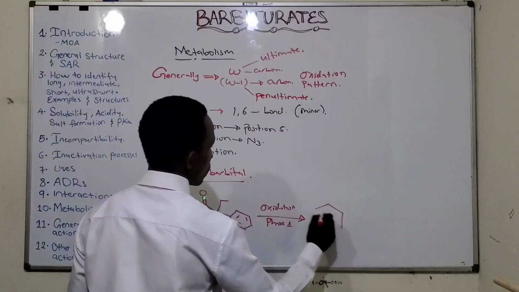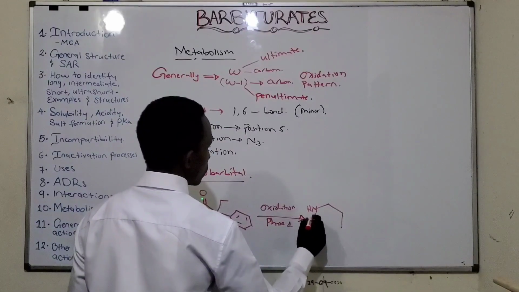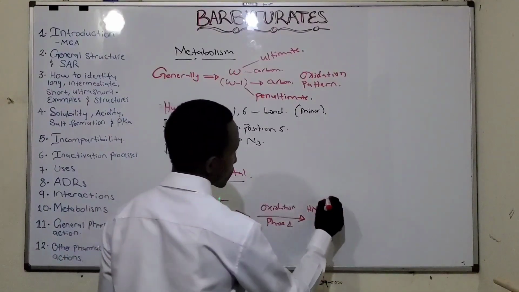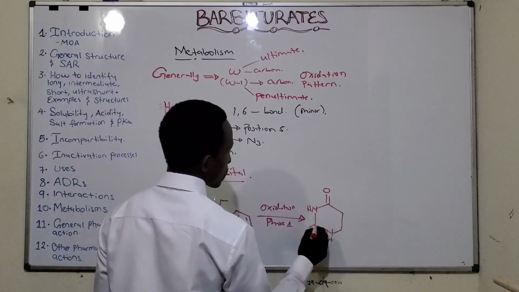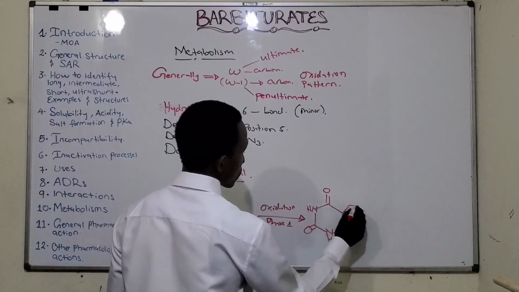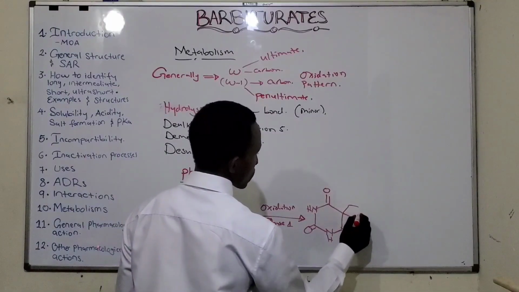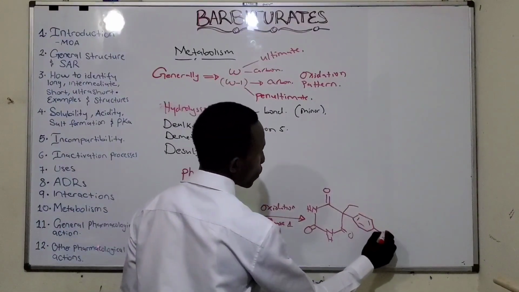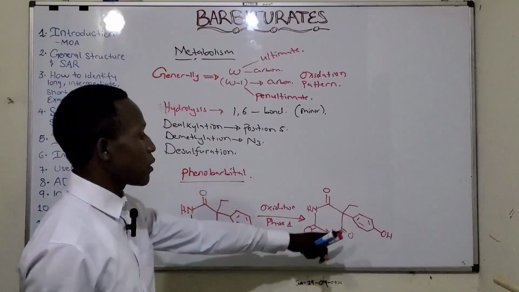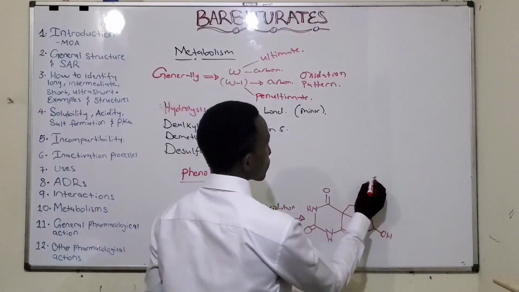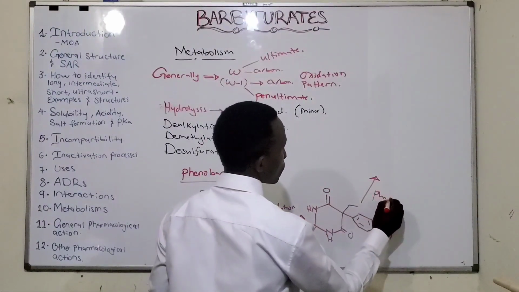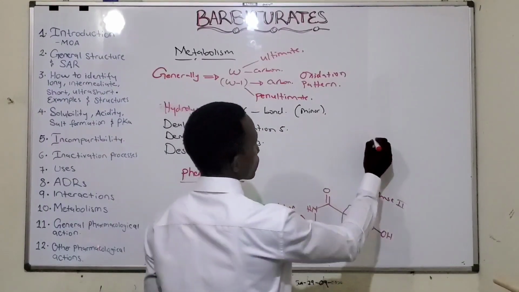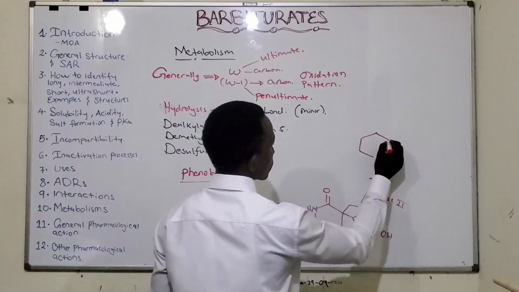We shall form this, with OH here. This one can then undergo phase 2 metabolism, that is conjugation. So we form this.